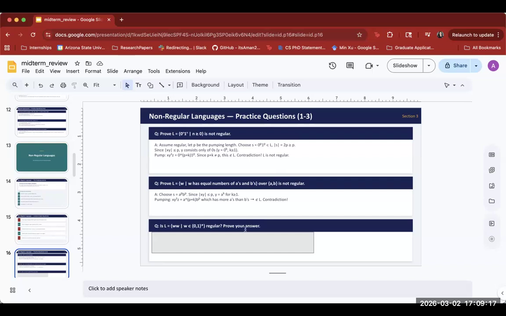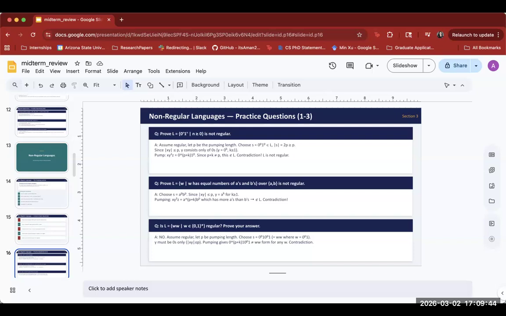It's just different inputs. And then another question that you might get is not a language, but a regex sort of language, and then you have to prove it's non-regular. So it is not regular. You assume it's regular. You choose S is equal to 0^p 1 0^p 1, which makes sense. And then y must be zeros only.